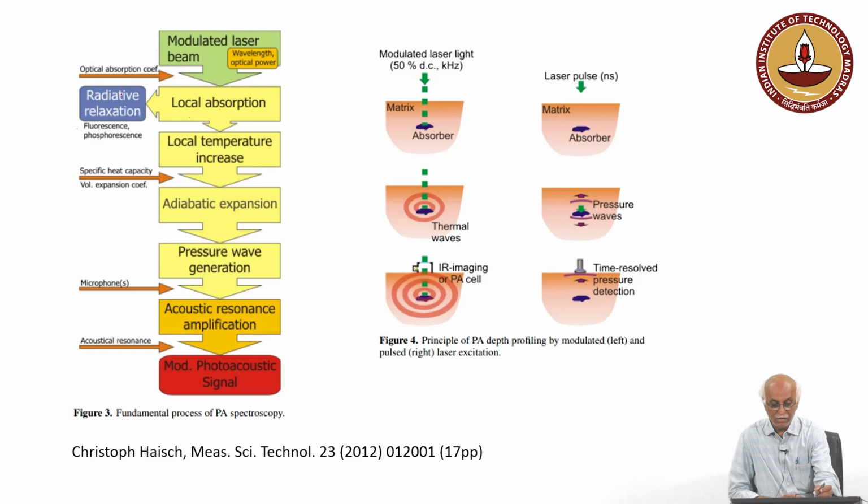Whatever these radiative relaxations are, they will be in the electromagnetic wave, and when they are radiated in the tissue samples, then due to scattering, etc., they get lost. So, it is not very easy to pick up.